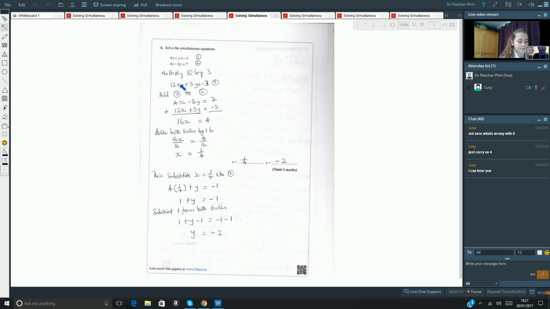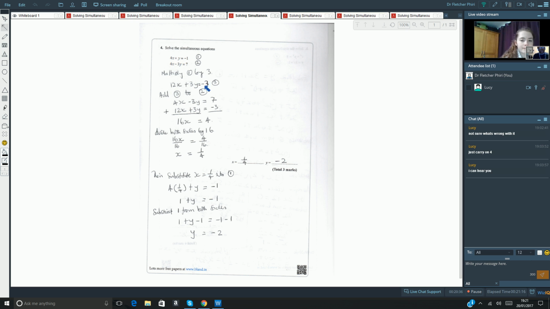No. Okay. So what we have here, I've multiplied number 1 by 3. If I multiply number 1 by 3, I'm going to have 12x, which you see here, 12x. And this one here is going to become 3y, and is equal to this times 3, which is minus 3.